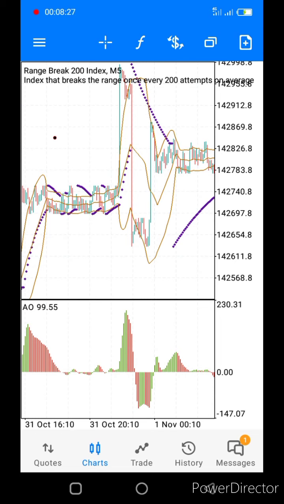So your entry and your exit depend on your target. How many pips do you want? You can see on the volatility indices, the pips are not the same, unlike currency pairs, where all the currency pairs, both minor and major, have the same pips.